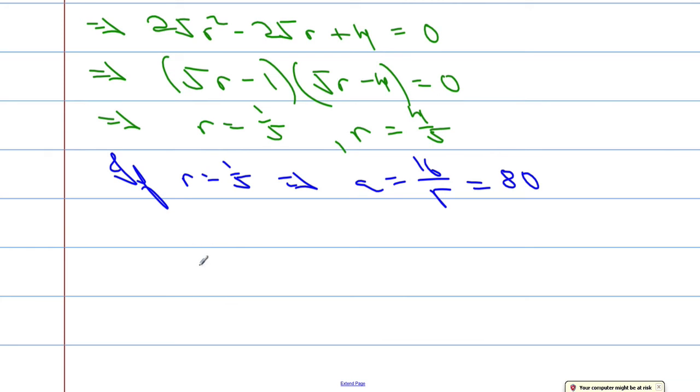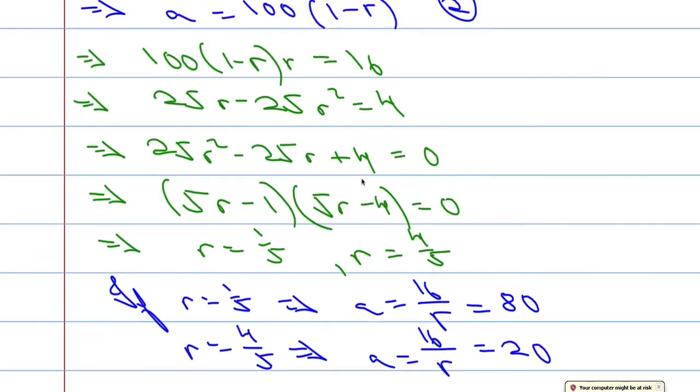And if r equals 4/5, that implies that a must equal 16 over r. So 16 divided by 4/5 is the same as 16 times 5 over 4, which is going to give us 20. So a is 20 and r is 4/5, or a is 80 and r is 1/5.